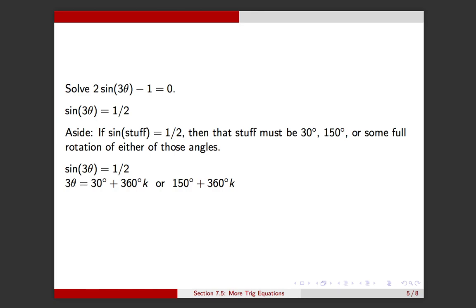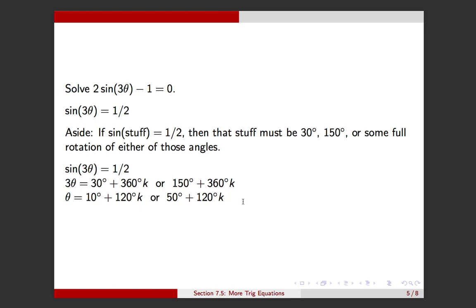And so now if you want to isolate theta, your goal is to solve for theta, well you have an equation that says 3 theta equals all this stuff over here. So just divide by 3 to figure out what theta is. And dividing by 3 means just dividing everything in sight by 3. So 30 becomes 10, 360 becomes 120, 150 becomes 50, and so on.